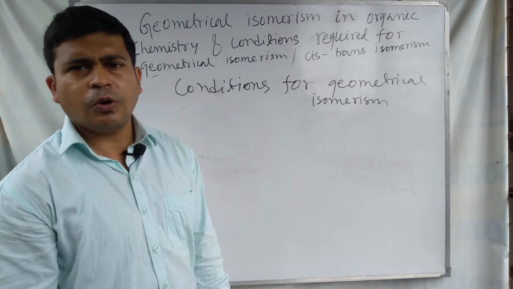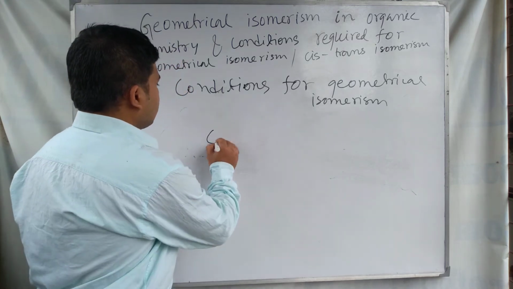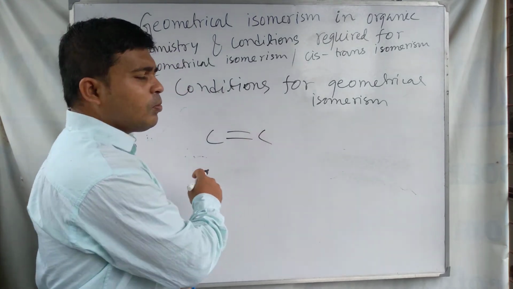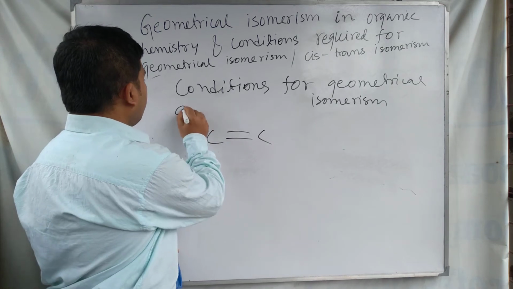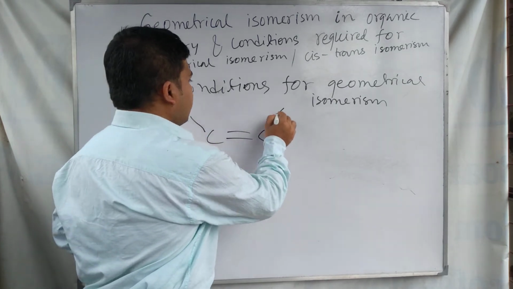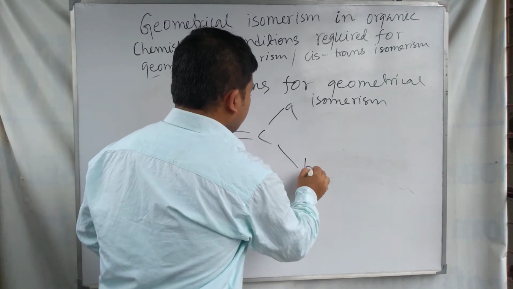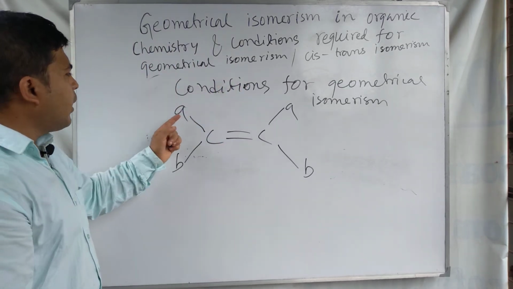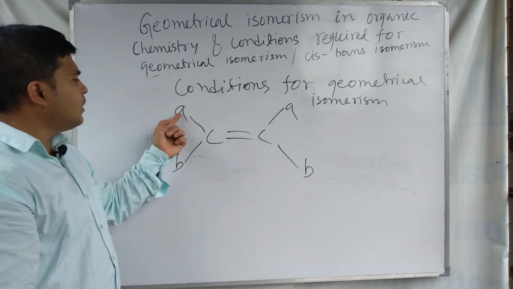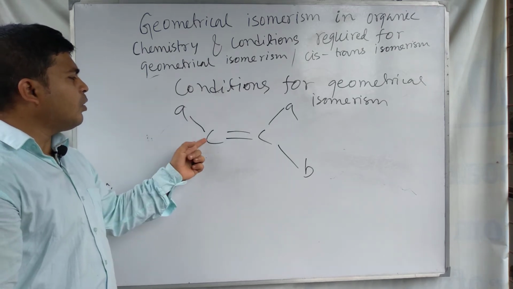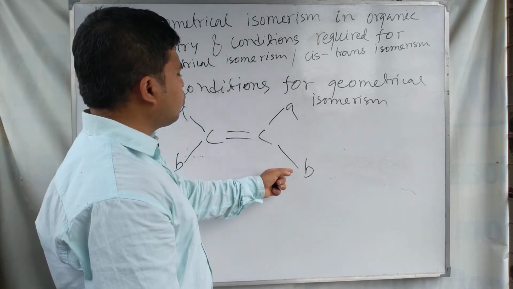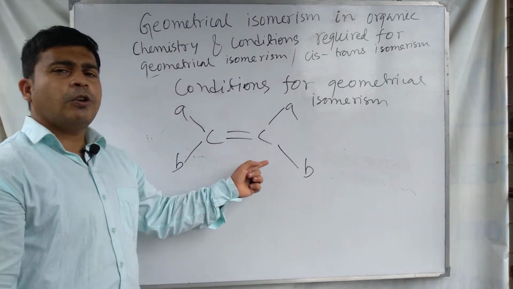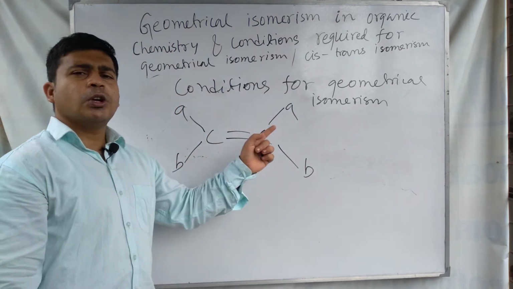Geometrical isomerism is shown only where, in the carbon-carbon double bond, the pattern is A B and A B: two different groups are attached to the two valencies of each carbon. Only for this type of molecule can geometrical isomers be possible.